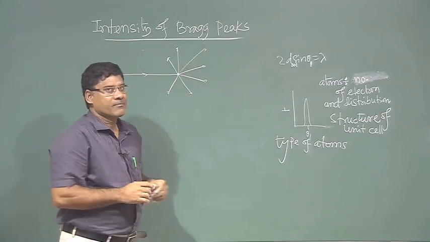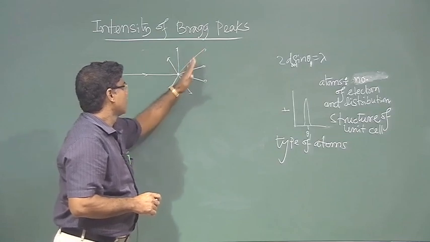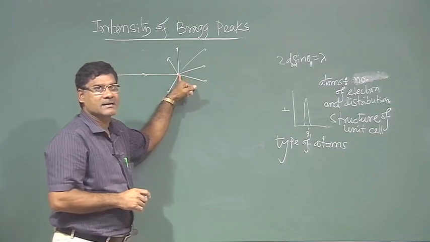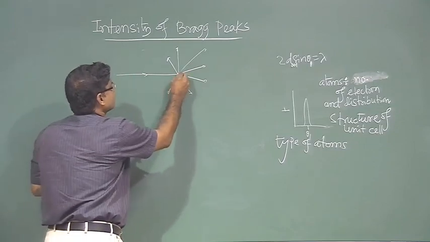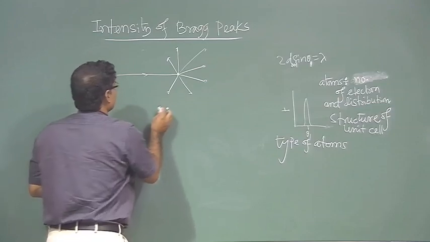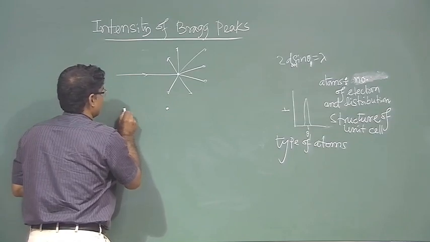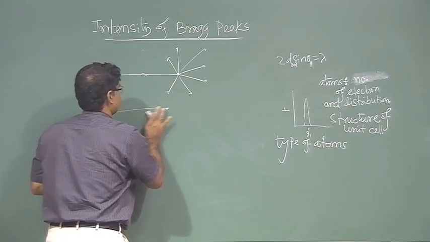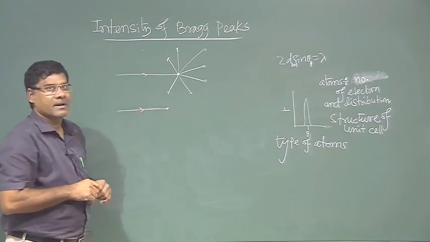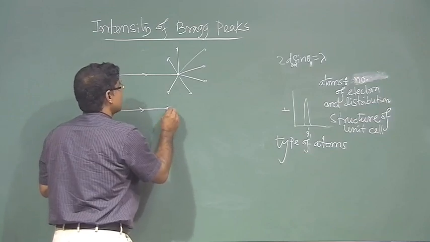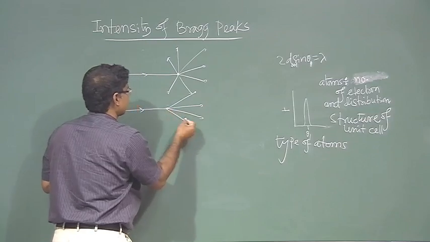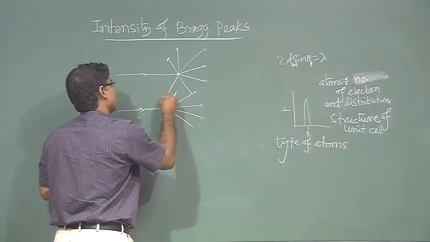So, this X-ray is scattered in all directions by a scattering center, and if I consider another scattering center here, so this X-ray is falling on it, and again in the same way it will scatter in all directions, right.